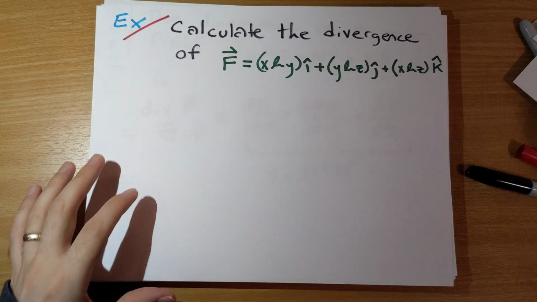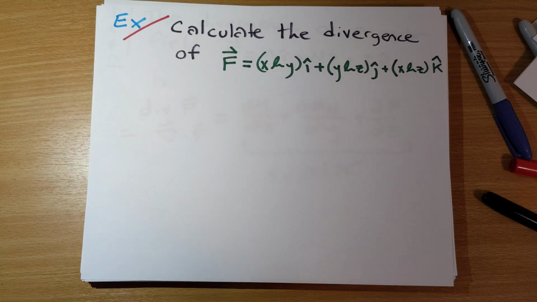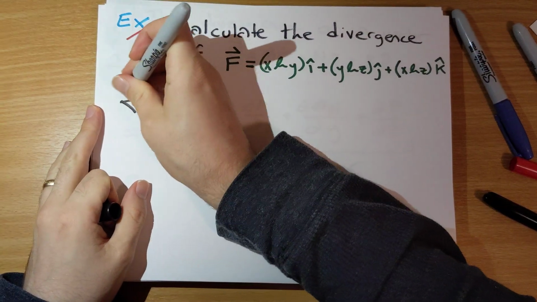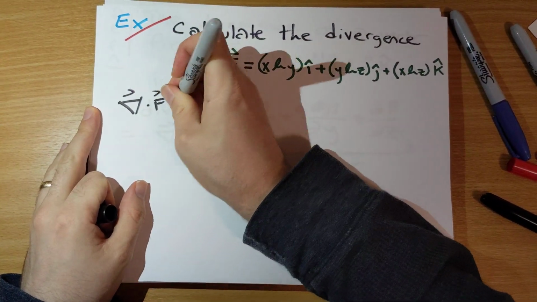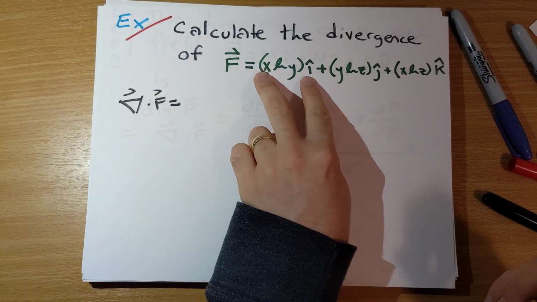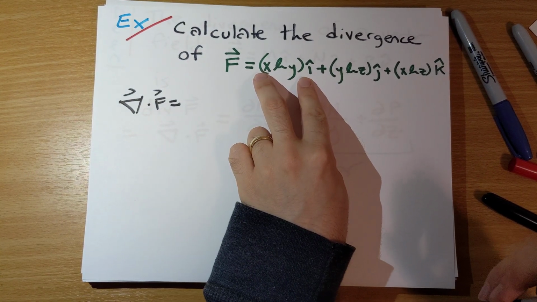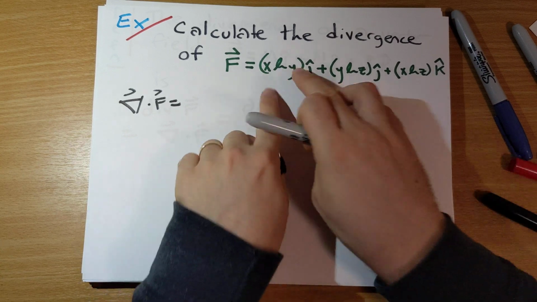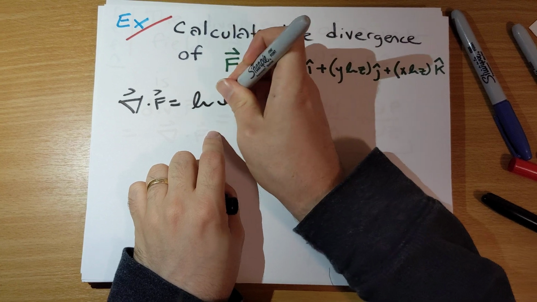Maybe we can just do one quick example with this. So calculate the divergence of this vector field. How do we do that? Well, we take the partial derivative of the first function with respect to x, and that's going to be natural log of y.